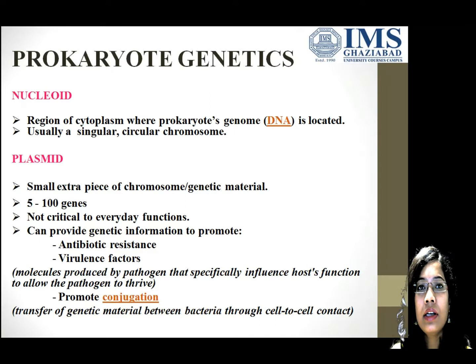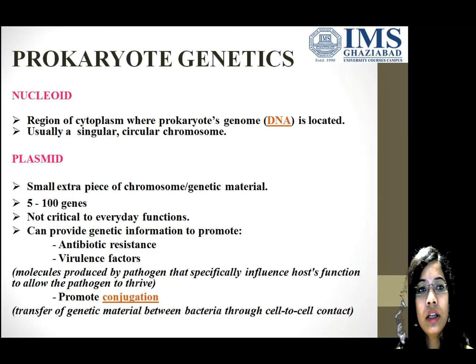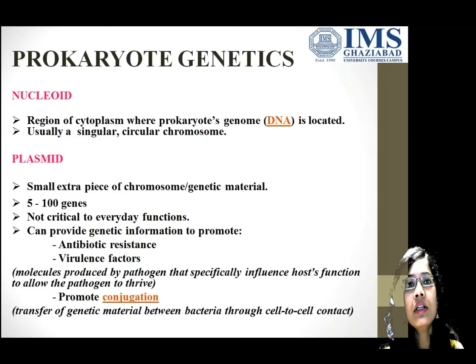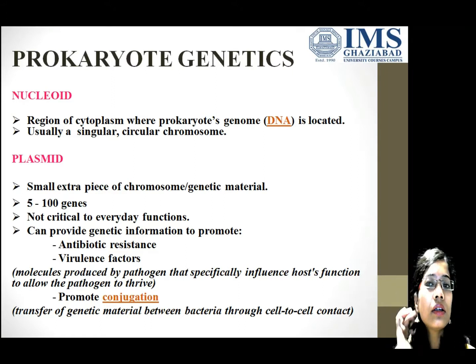Nucleus is a well-defined structure, whereas nucleoid is not. The region of cytoplasm where chromatin material is present is known as the nucleoid. Usually a single circular chromosome is present. The basic genetic material is in the form of DNA.